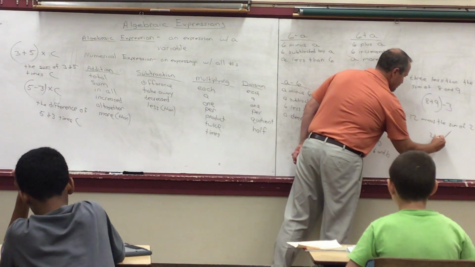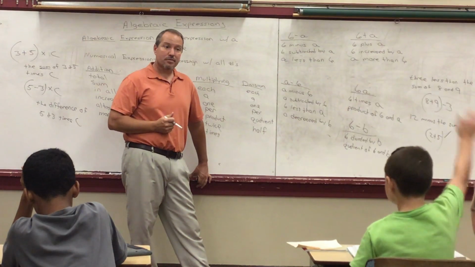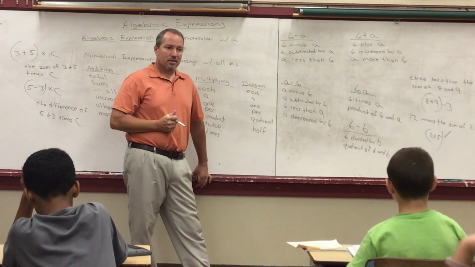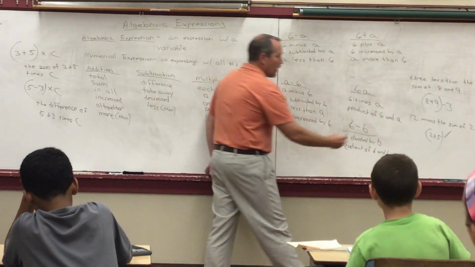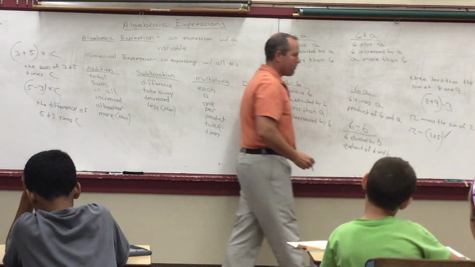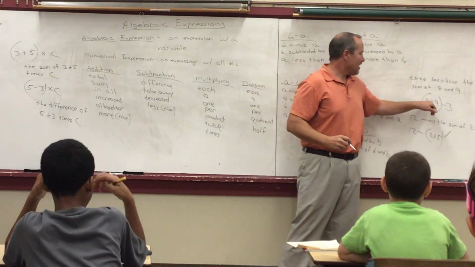So that's going to go in parentheses. Now what? Then you go to 12 minus it, because it says 12 minus the sum. Here it says 3 less than. That's why it goes minus 3 there.